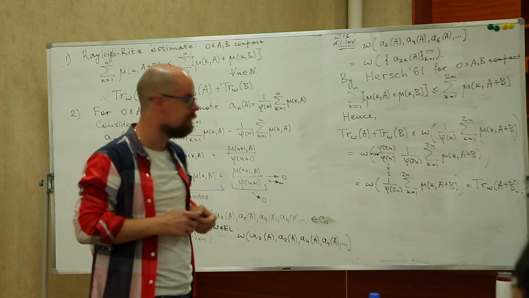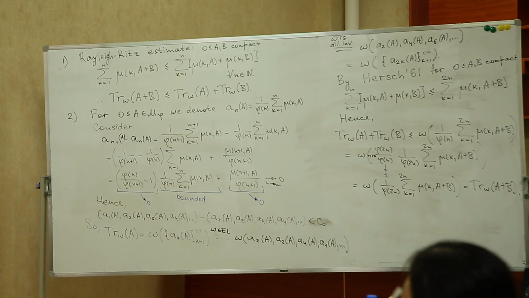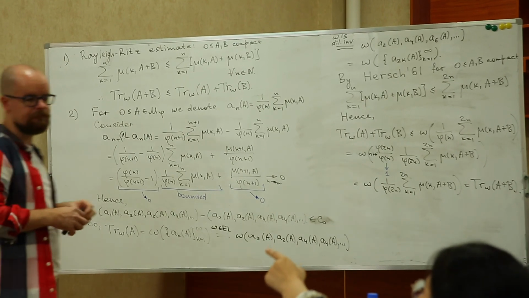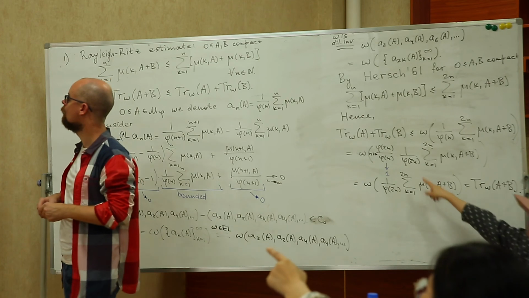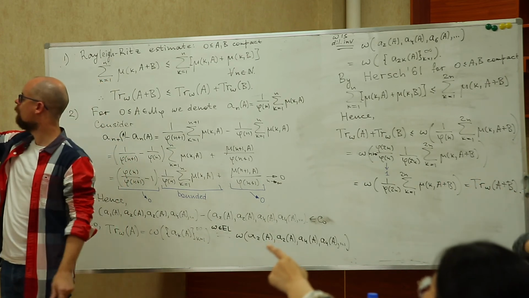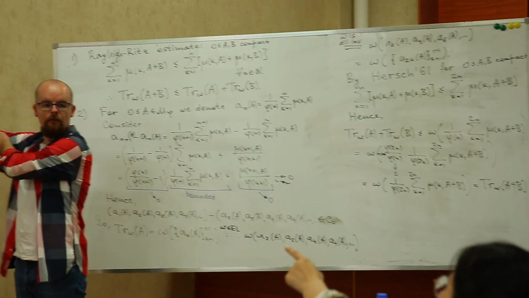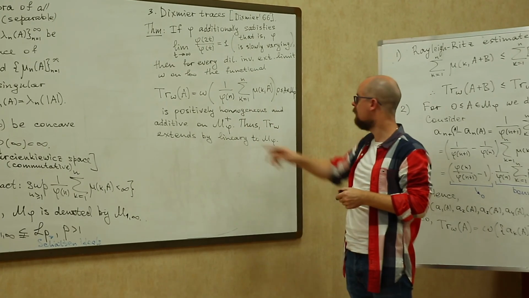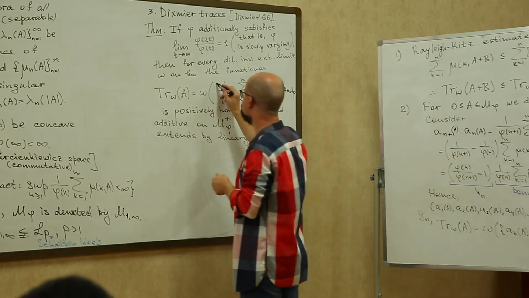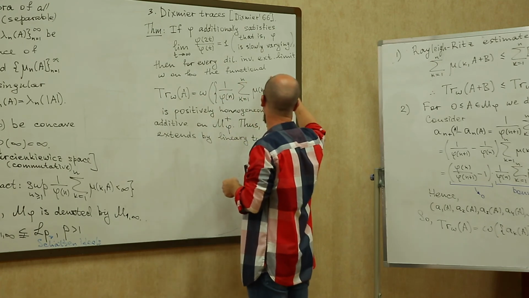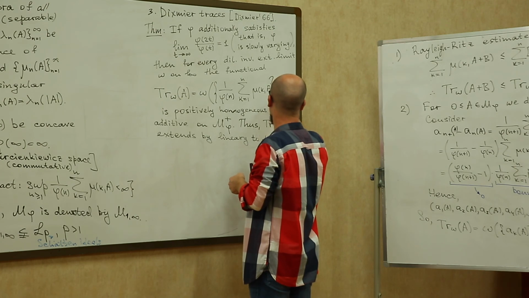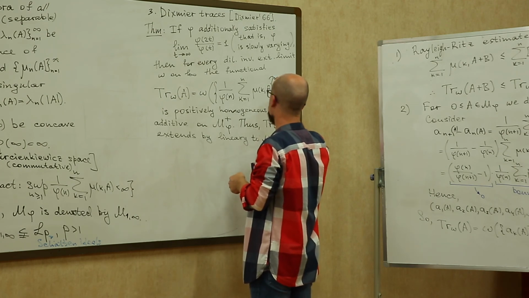Yeah, it's correct. I have one question here. Is that number, I mean, trace omega of A, the functional defined in that way, right? It's a constant, right? After the omega, it should be a constant, right?